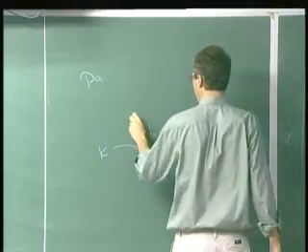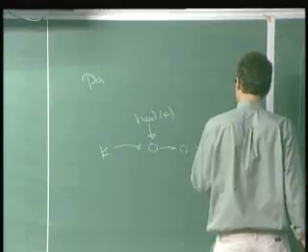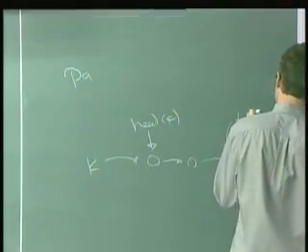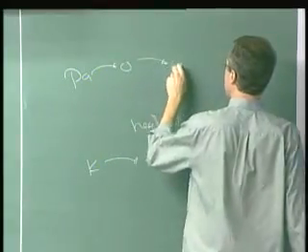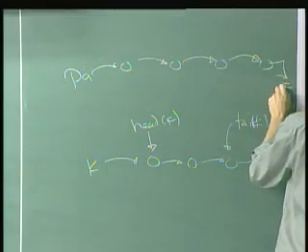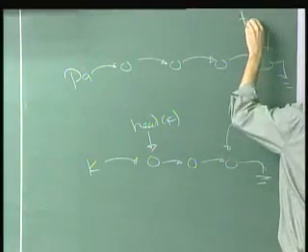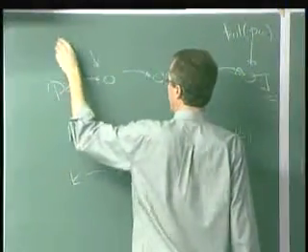So this is head of K, and this is tail of K, and the parent linked list looks like this. There's the tail of the parent, and this is the head of the parent.